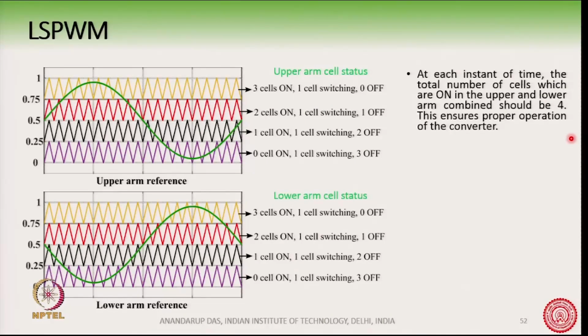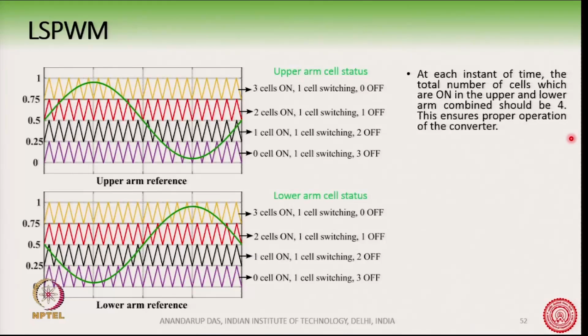The total number of cells which need to be turned on in the upper and lower arm combined should always be equal to n, if there are n cells. This ensures the proper operation of the converter.